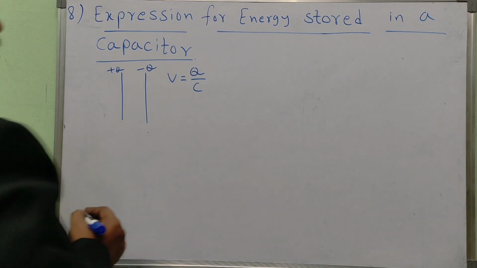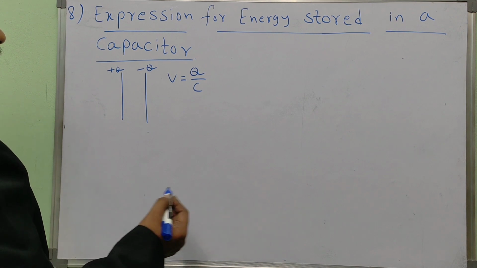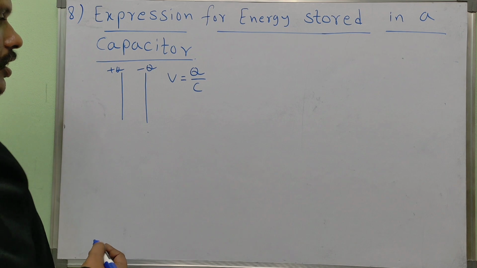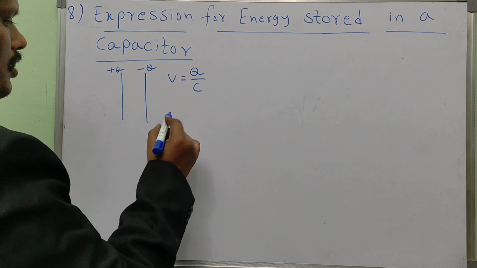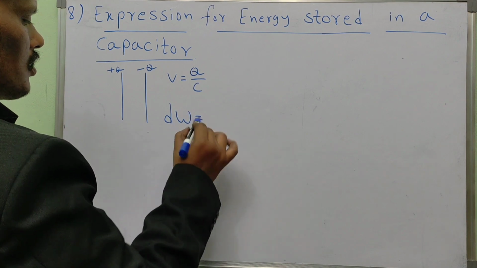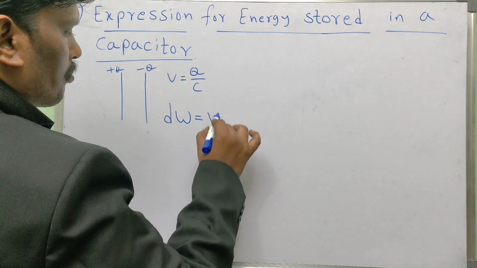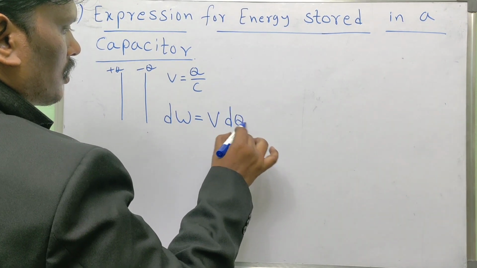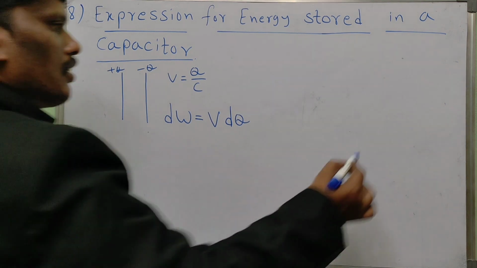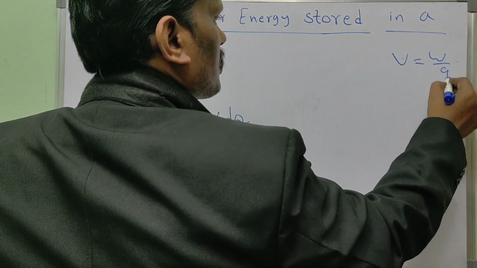Here I'm going to consider the work done required to give an additional charge dq. Work done is equal to potential into the given additional charge. Generally, potential means, by the basic definition, work done by charge.